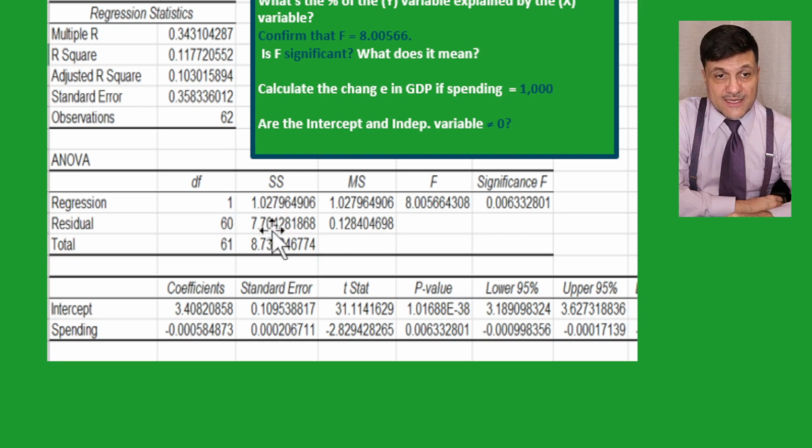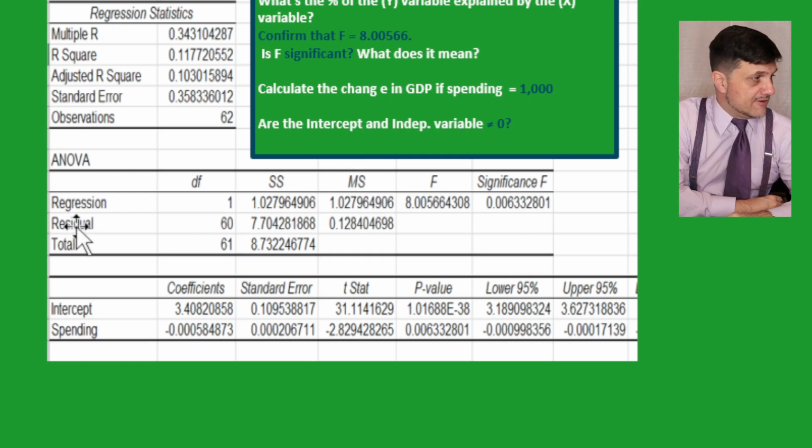But take a look at the sum of squares of the residual, the variance of the error, right? Now, to do the average, I'll divide it by 60, the degrees of freedom. And then I get 0.128. That's the mean variance for the regression and the mean variance for the residual.